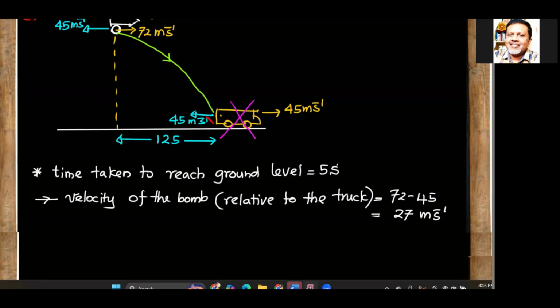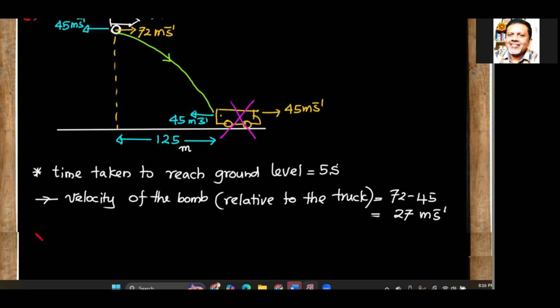It can destroy this truck completely or partially, but at least we have to have 125 meters distance during the 5 seconds of time if the horizontal velocity of the bomb is 27 meter per second.